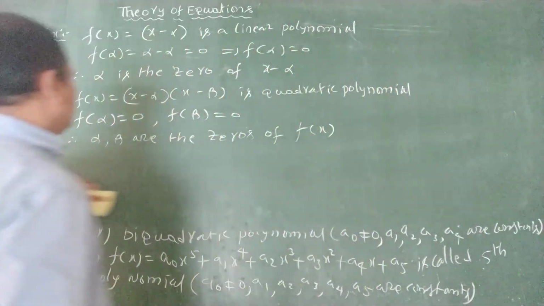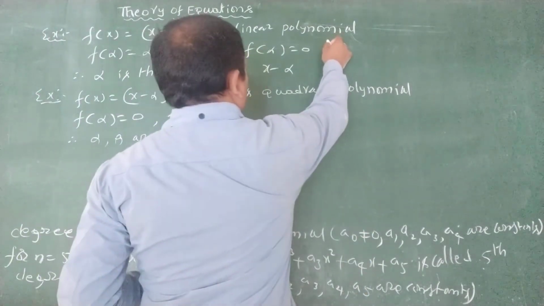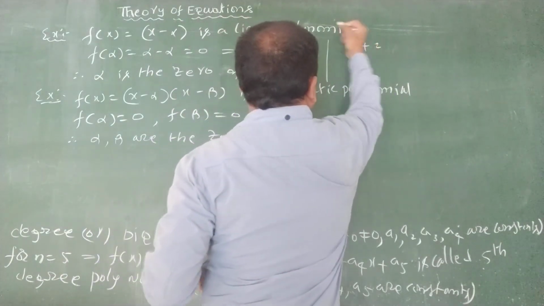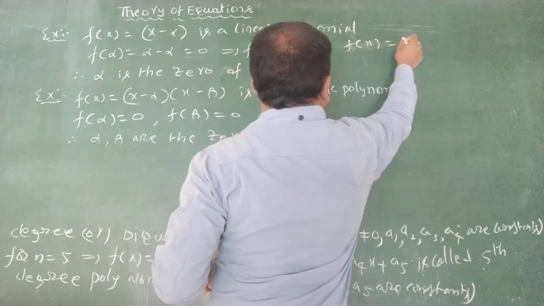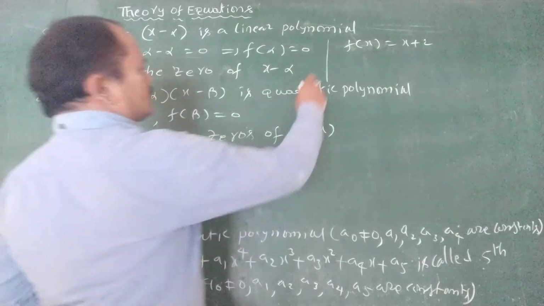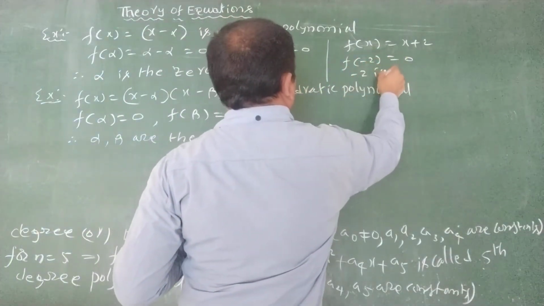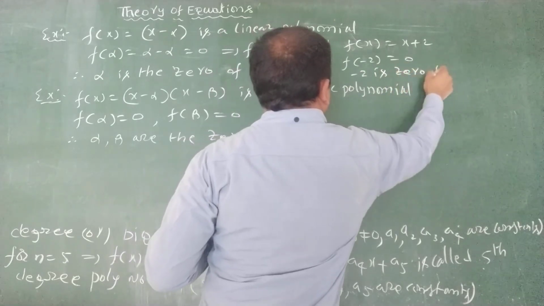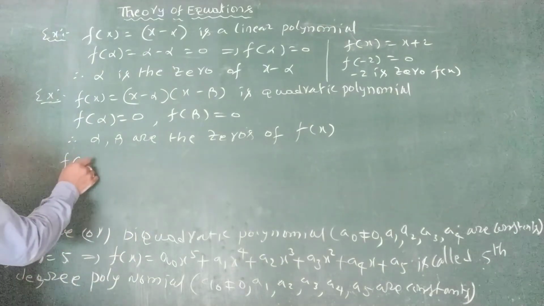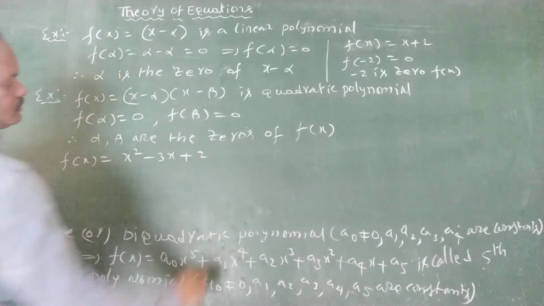Is it clear? So, from this, suppose for one example, f of x is equal to x plus 2. For this, f of minus 2 is 0. That's why minus 2 is the zero of f of x. For another example, f of x is equal to x square minus 3x plus 2.